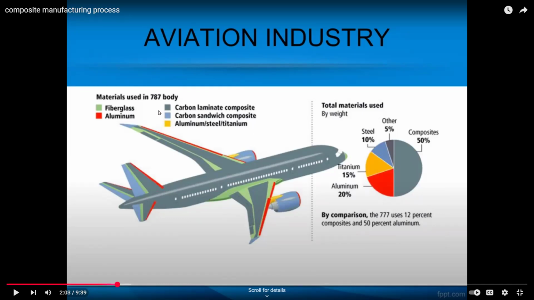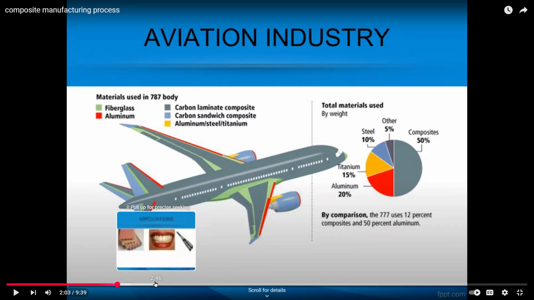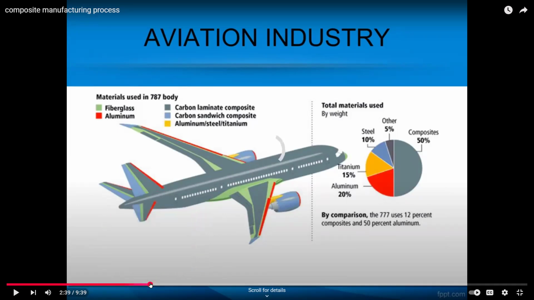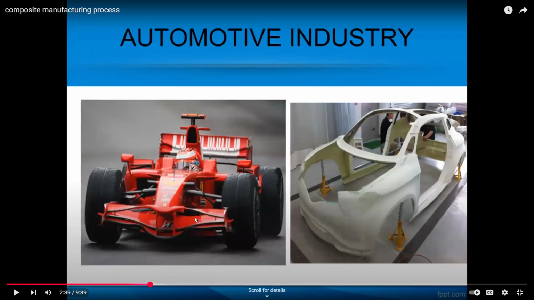In the Boeing 787, almost all the structures are made of composites. And also the automotive industry, especially for very high-end performance, is using composites.